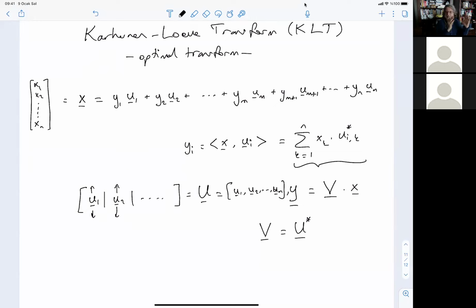So by stacking the u columns, you construct a U matrix, and when you conjugate it like this, you come up with a V matrix. So y is equal to V times x. You can write it like this. Or if things get complicated like this, you can also write it like, so y vector is u conjugate times x.